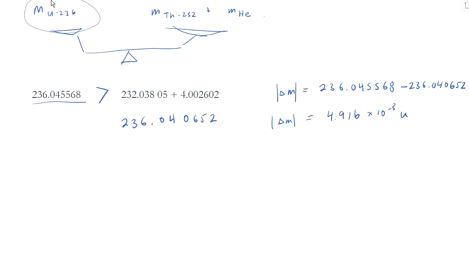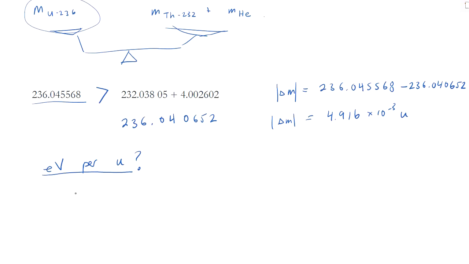Okay, so now we've got to convert to kilograms and then use E equals mc squared, which is a lot of painful conversions. How about we just try and find the amount of electron volts per atomic mass unit? How many electron volts are there per atomic mass unit?